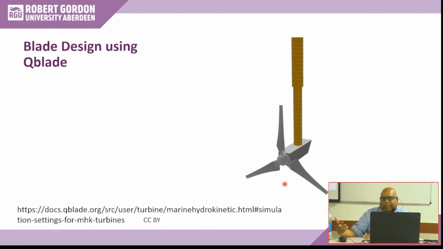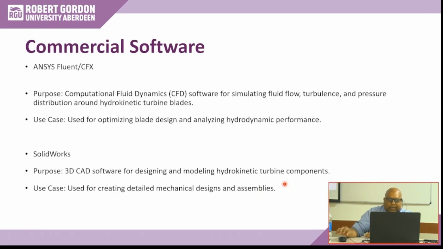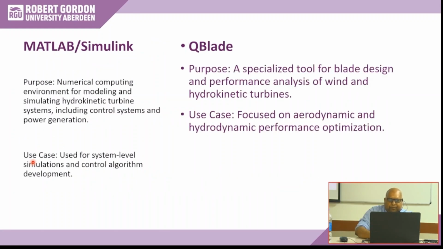If you want to create a small size lab scale turbine, or if you want to make it bigger, you have to give it to your manufacturer and they will work on that. So CAD design is important, SolidWorks. Detailed mechanical design and assemblies, that's the purpose. Once you have this SolidWorks design, you can actually put it in CFD modeling also and do the flow analysis. So this is a very important package to learn for turbine blade.